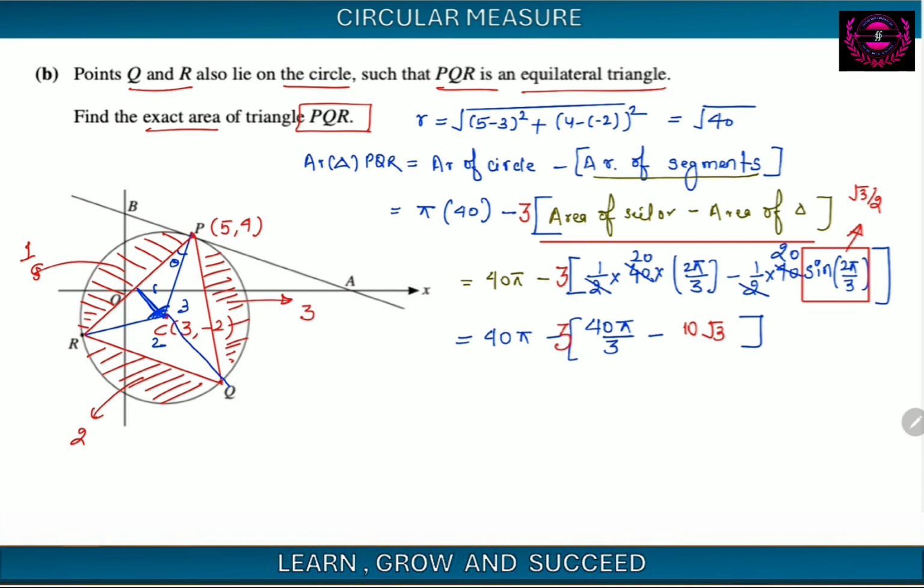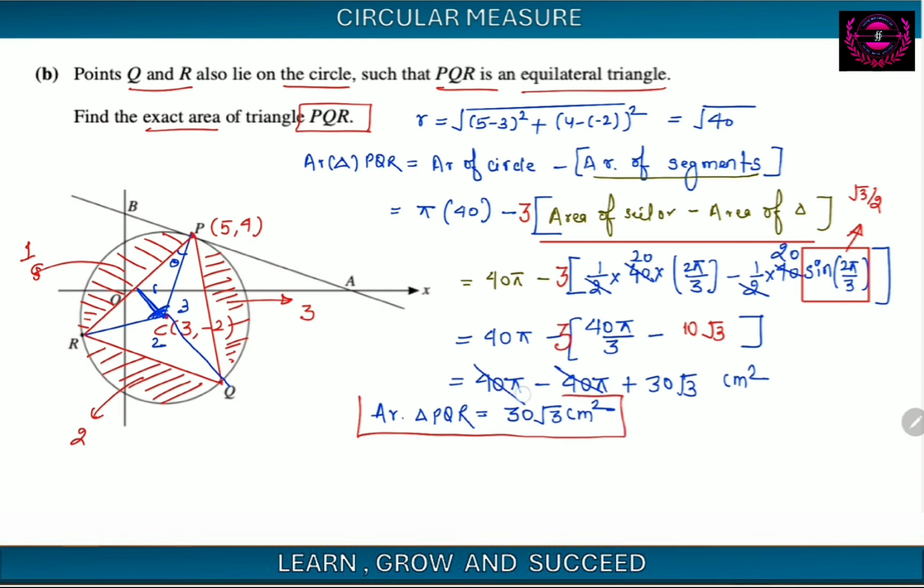So this will become 40 pi minus 40 pi, minus minus plus, and 3 into 10 is 30 root 3 centimeter square. So this will cancel out, and now the area of triangle PQR is 30 root 3 centimeter square, which is our final answer.